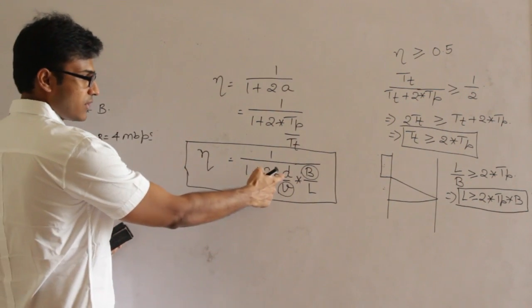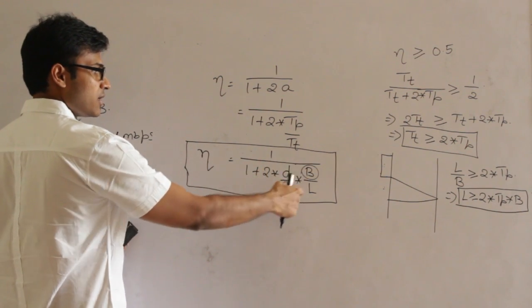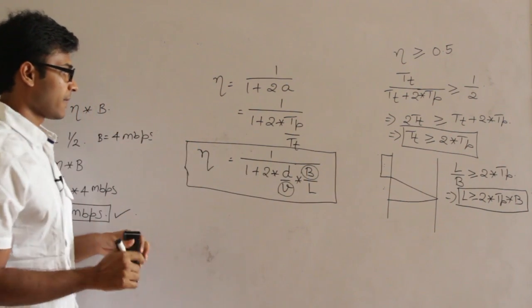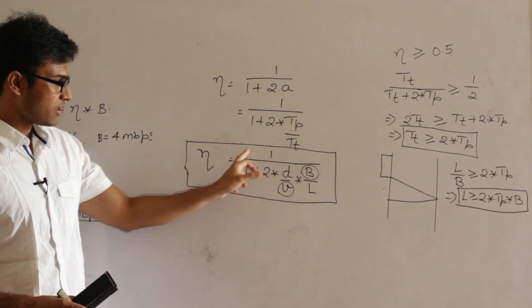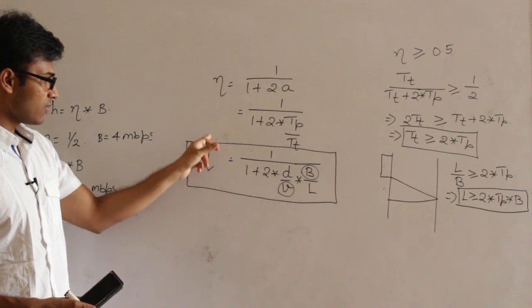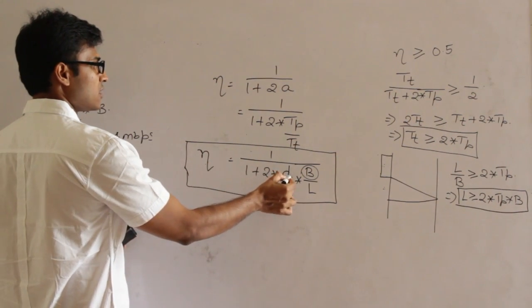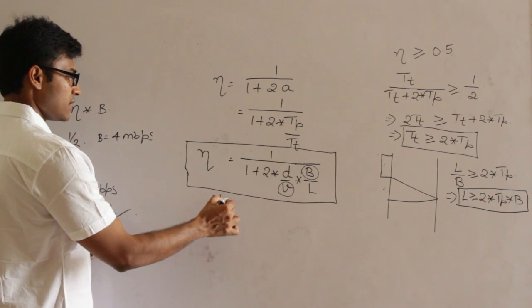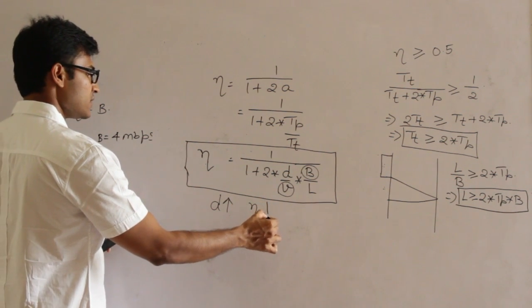If the distance of the network d increases, this entire denominator increases. If the denominator increases, efficiency decreases. Understand this? If the distance of the link increases, efficiency of stop and wait decreases.